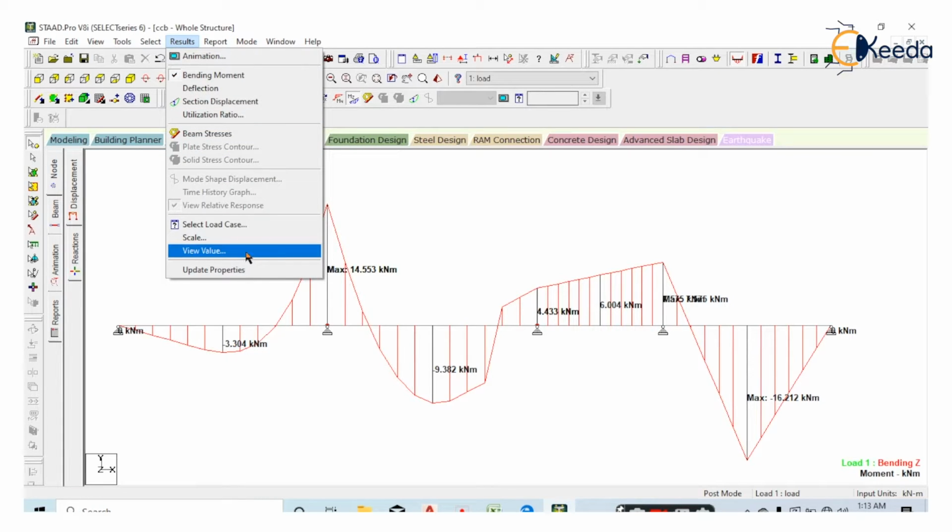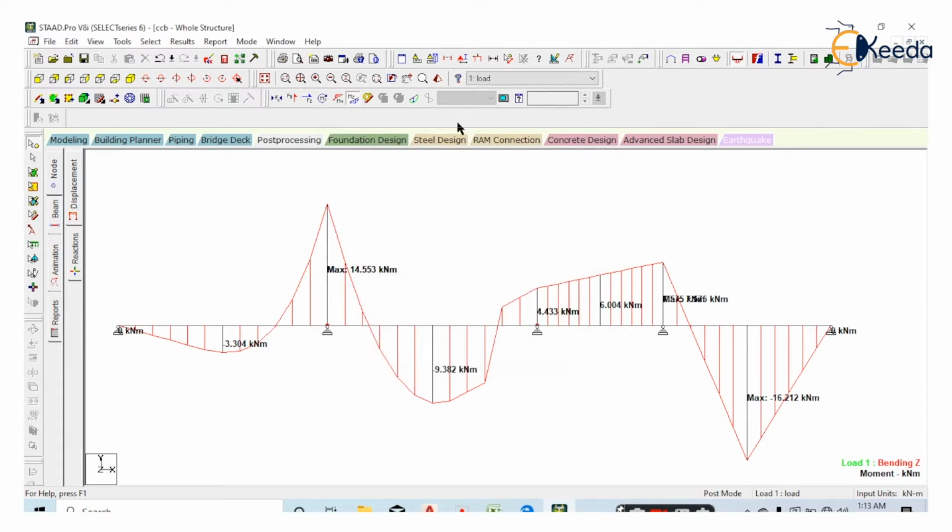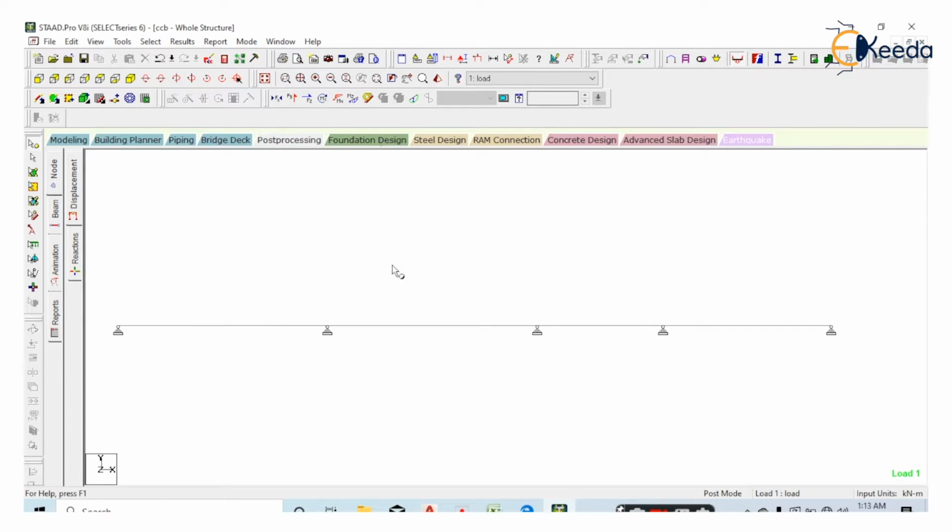just close it, view value, beam result and uncheck all the box of the diagram of bending, and open a shear force diagram.